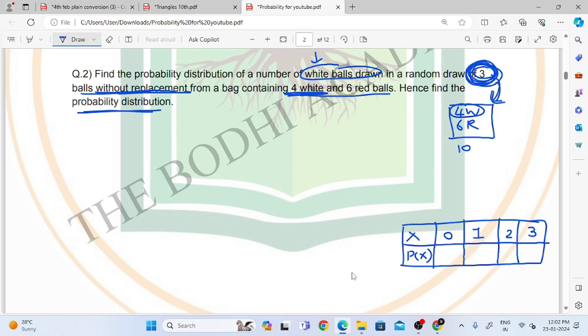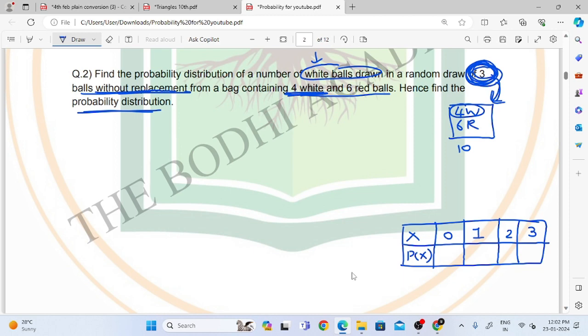So this is the possibility of getting white balls. Either we get 0 white ball, that means all 3 are red. Or in the second case, we get only 1 white ball, that means 2 are red. And the third case is we can get 2 white balls, 1 is red.